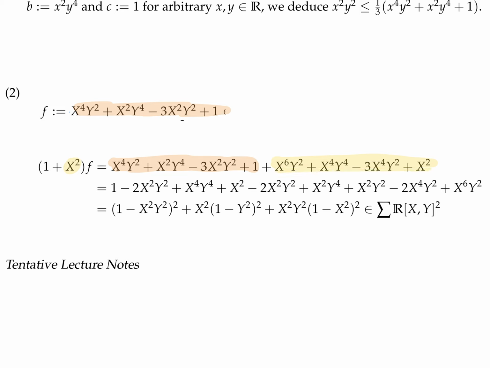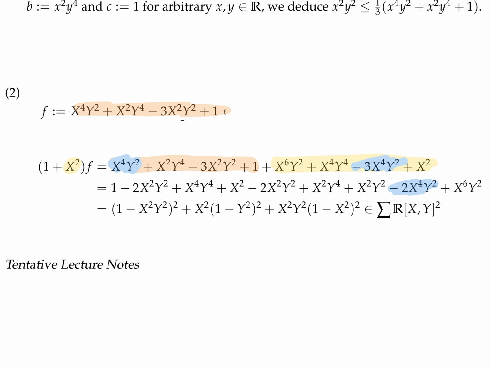And now let me see. So I have here this minus 3 times this, that should give minus 2 times this here.